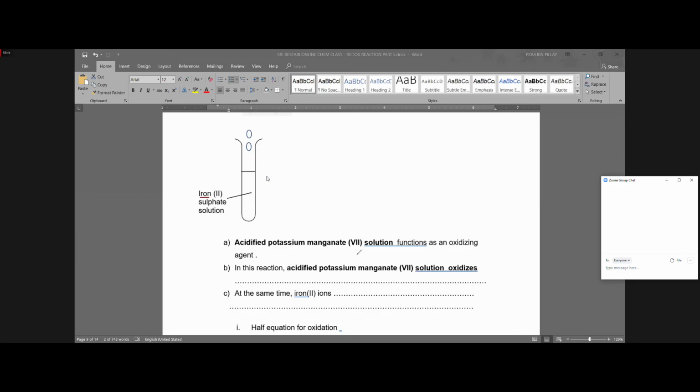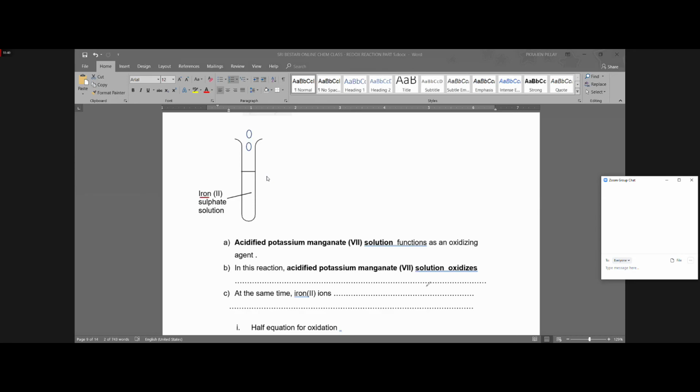Manganate 7 ions will reduce, write in words, manganate Roman numeral 7 ions to become Mn2 plus, or you use the word manganese, put Roman numeral 2 ion. Manganese got +2, +4, +5 also, so you must mention the oxidation number.